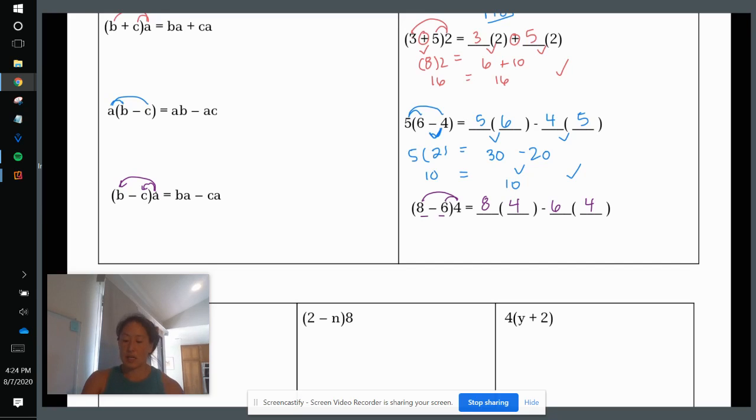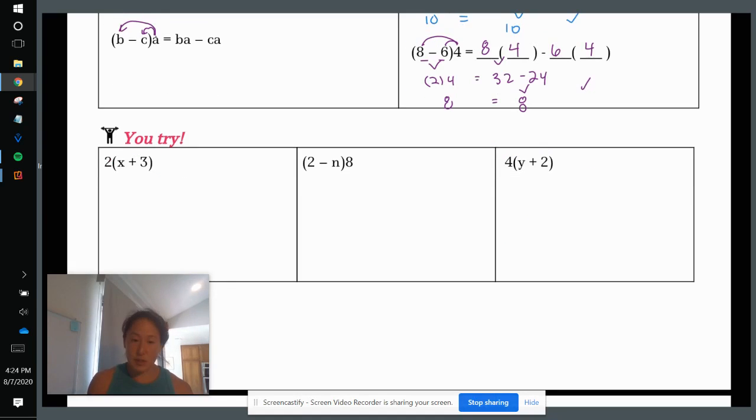Both numbers on the inside need to be multiplied by 4. So 8 times 4 is 32, and negative 6 times 4 is negative 24. Add those together, and we get positive 8. Let's see if that's equivalent to the left-hand side. 8 minus 6 is 2 times 4, which gives me 8. Again, look, distribution works.